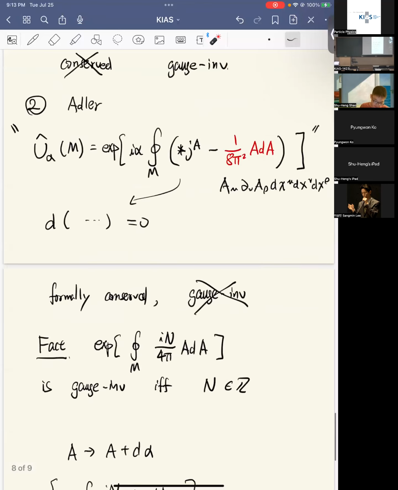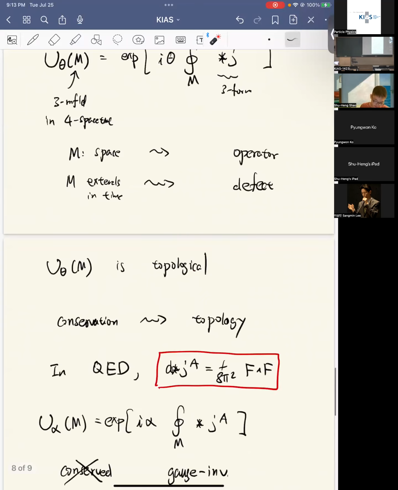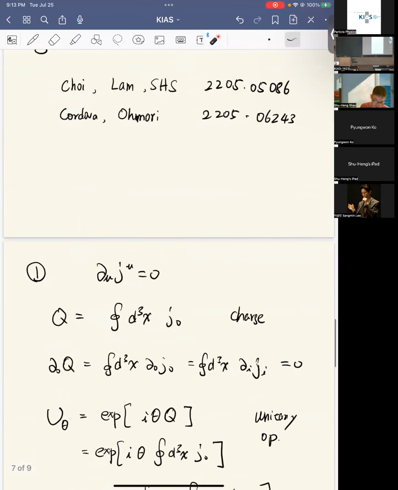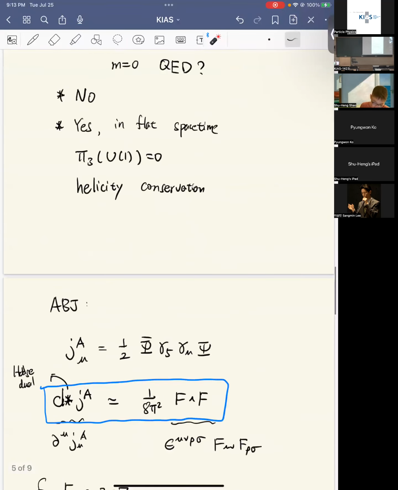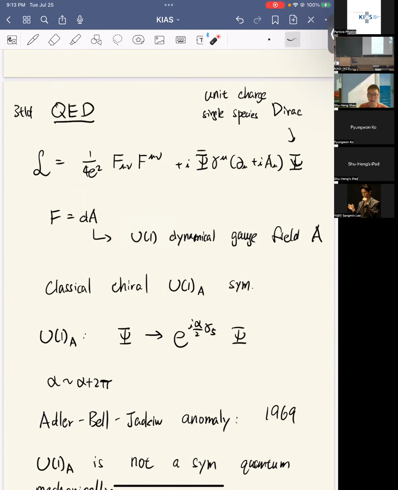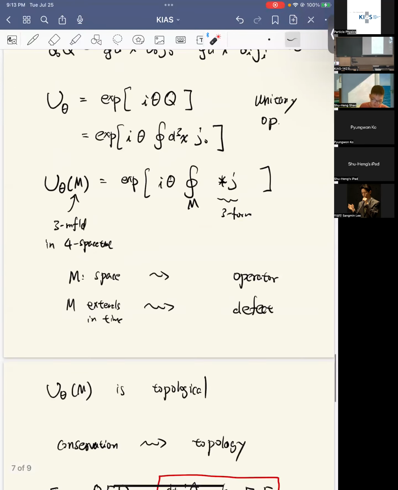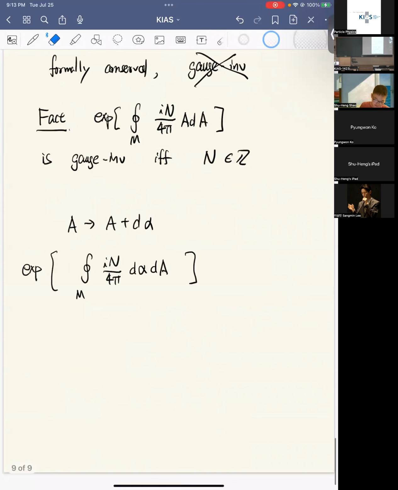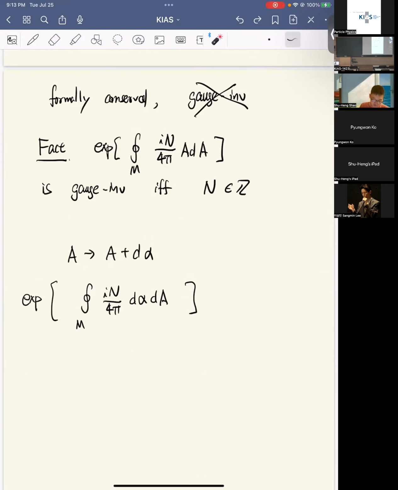This is the reason why in the beginning I stressed that I'm talking about QED with U(1) gauge group here. If the gauge group is a compact gauge group, then we have to allow gauge transformations that wind. And those large gauge transformations are precisely what makes this operator non-gauge invariant. Only when n is an integer, one can show that this whole thing is gauge invariant.